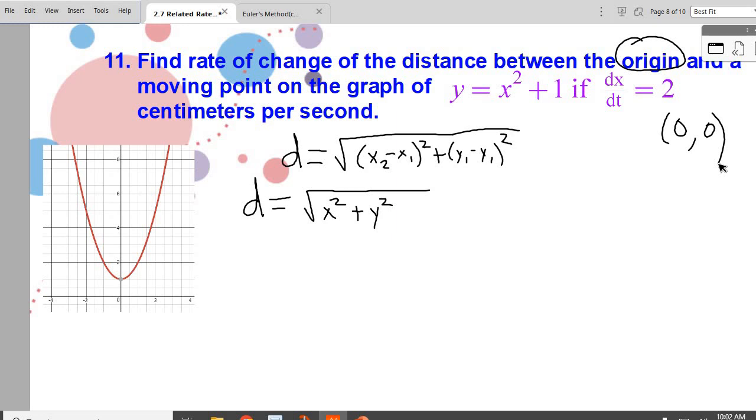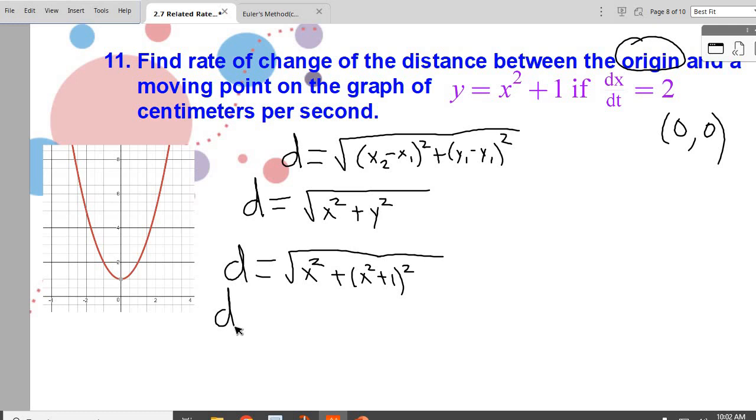Now we could go ahead and take the derivative like that as it is. But because in this case we have a secondary equation that's pretty straightforward to plug in, we can go ahead and plug that in. So what can we plug in? x squared plus 1, right? For my y value. Because they only give us dx/dt, they don't give us anything about dy/dt.